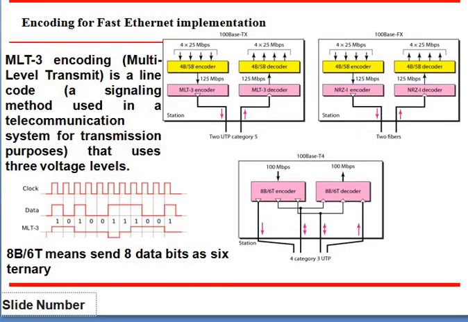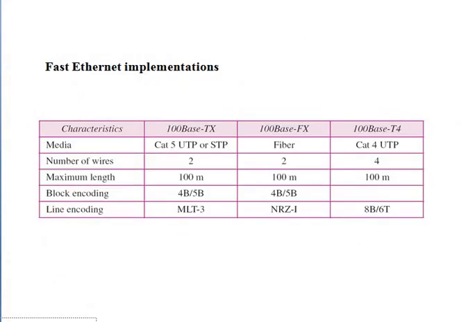Next we move on to the summary of the fast Ethernet implementations. We have characteristics: media, number of wires, maximum length, block encoding and line encoding. The media for 100BaseTX is CAT 5 UTP or STP, for 100BaseFX fiber, and for 100BaseT4 CAT 4 UTP.